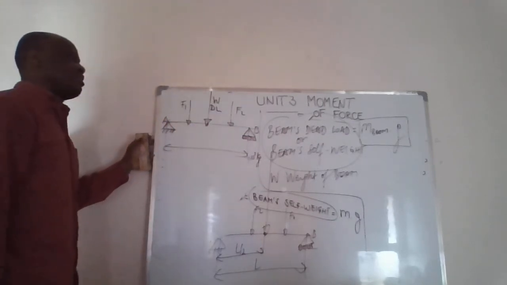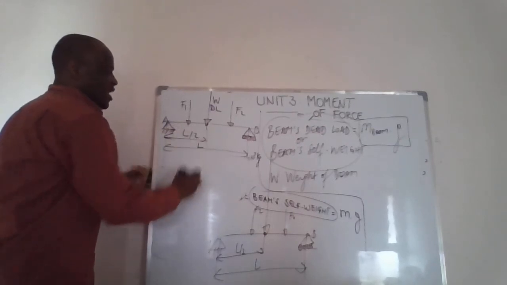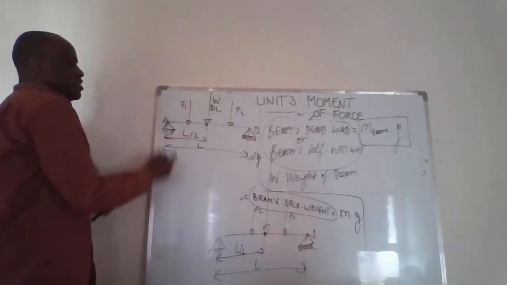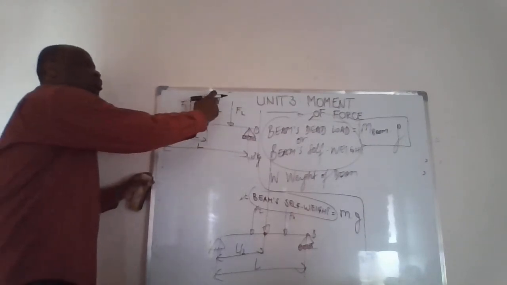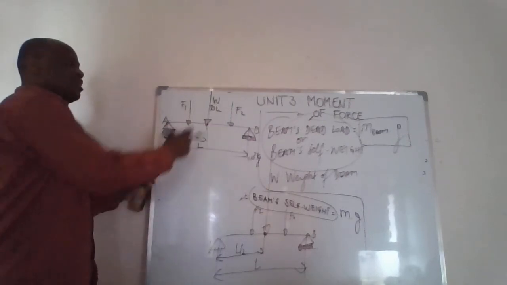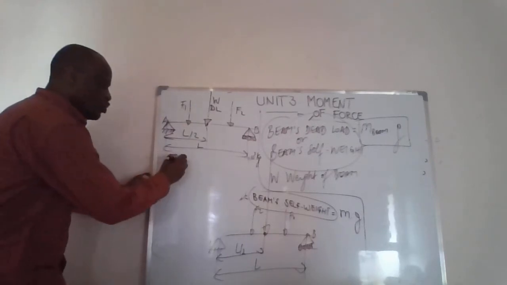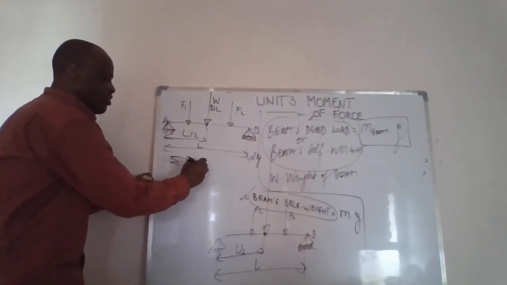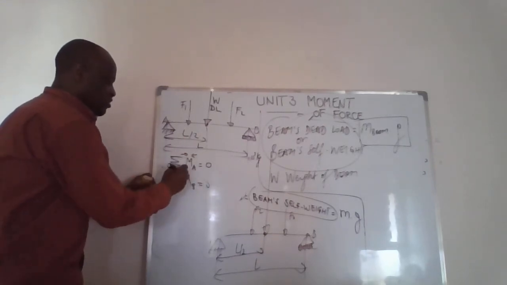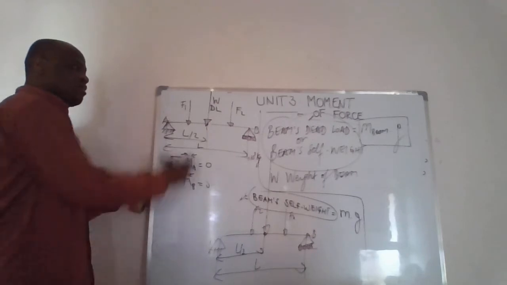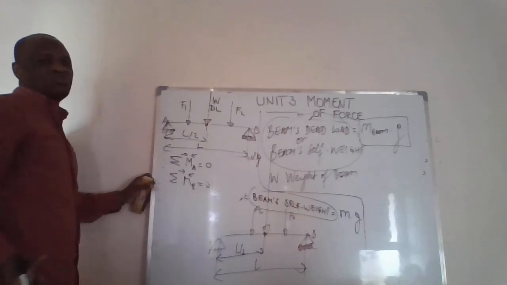You can call it DL, at half of the total length of the beam. If you are requested to calculate the reactions taking into consideration the dead load of the beam, it will be considered as a force at the same level as F1 and F2. Then you will do your equations of moment about A equal to 0, and moment about B, the sum, obviously the algebraic sum, and the moment arm of your weight will be at L over 2.